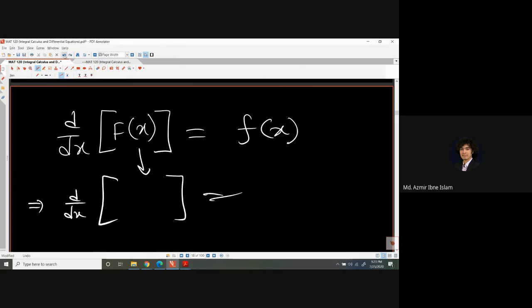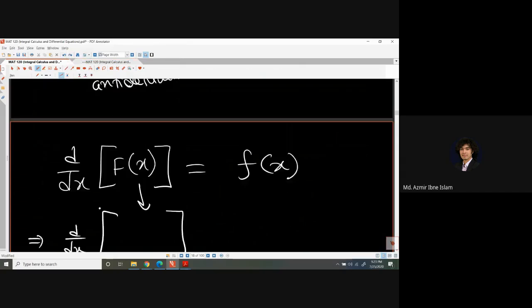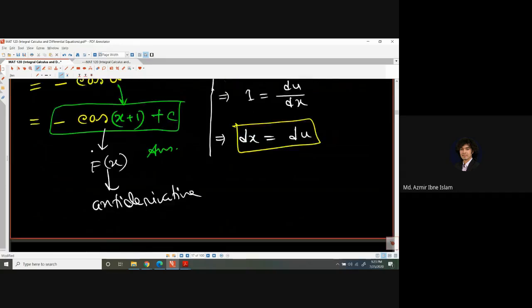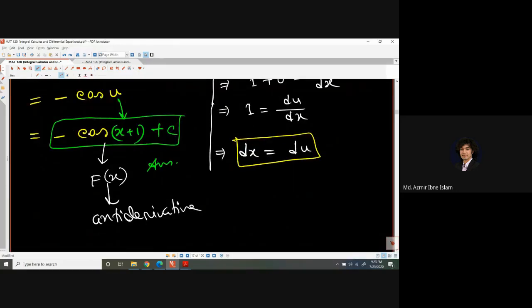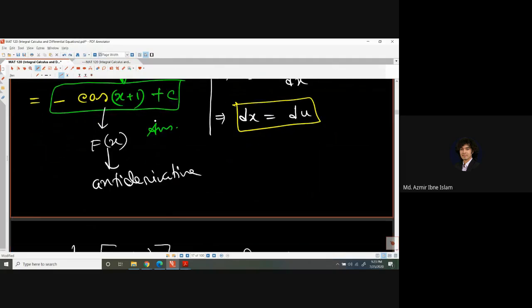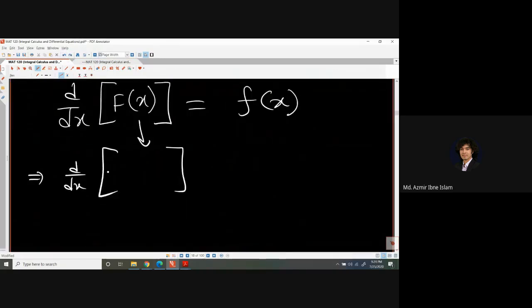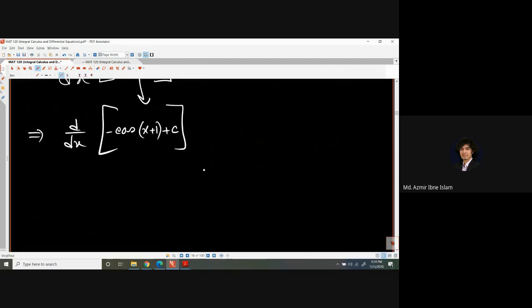Okay, so the function that we have here is finally negative cosine x plus 1 plus c.